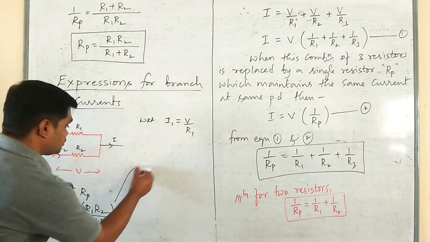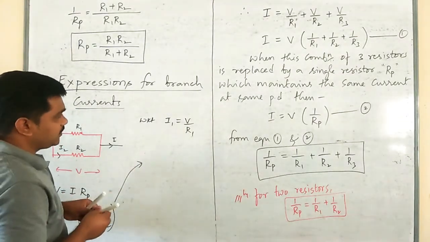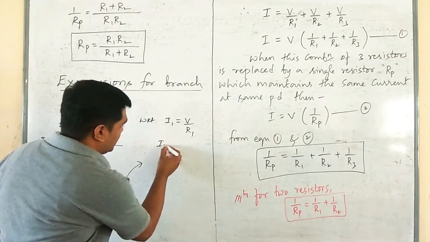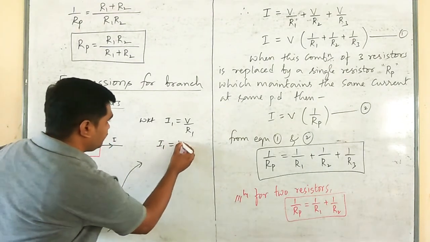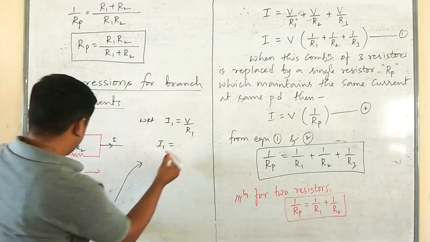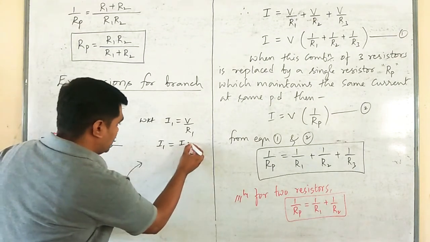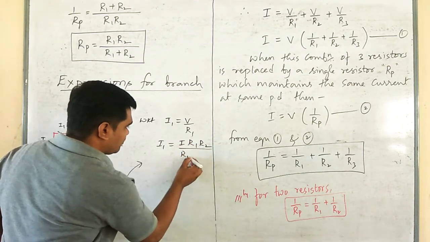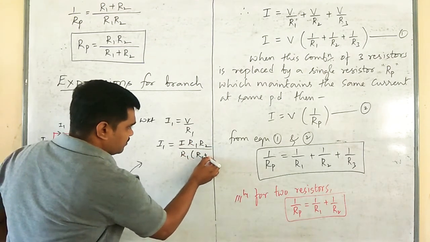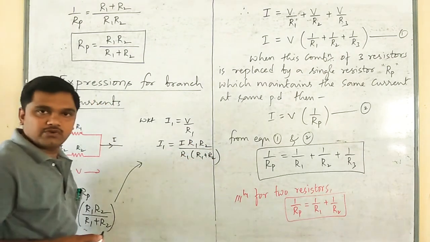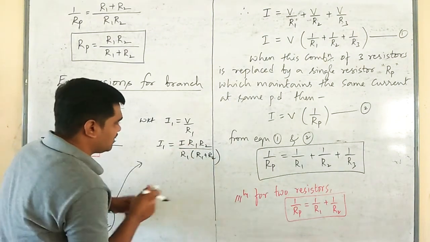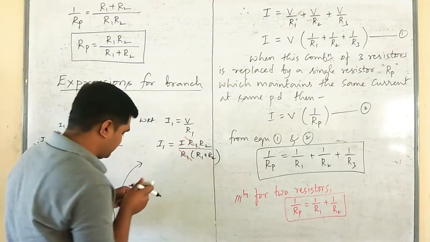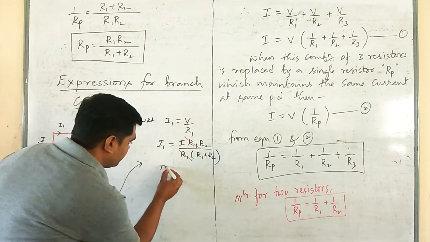Next, you substitute the value of V here. What you get? I1 is equal to, in place of V, I into R1 R2 divided by R1 into R1 plus R2. Now, if I cancel R1 and R1, what remains?